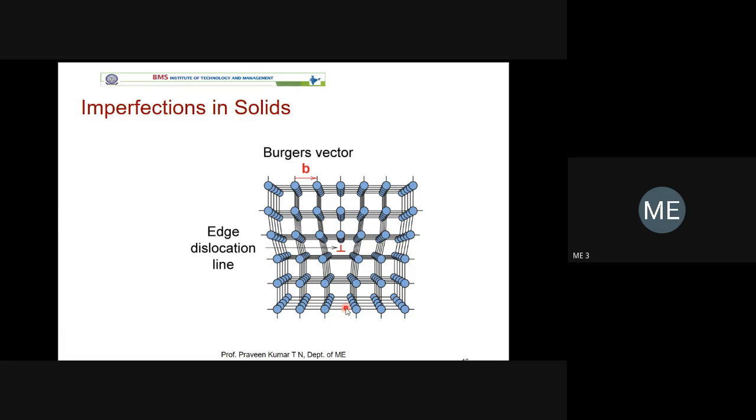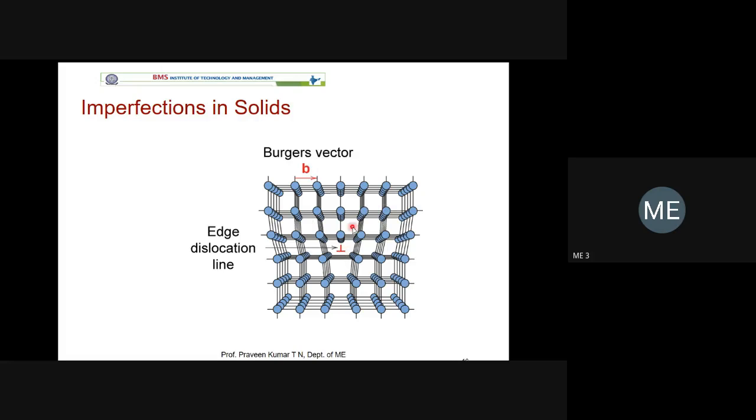I hope you can understand. Or we can say there is one more way. There is an extra plane of atoms in the grain or in the crystal. We have 6 planes of atoms. These 6 planes cannot be referred to as an extra plane. There is only a half extra plane of atoms, hence it comes as an imperfection.